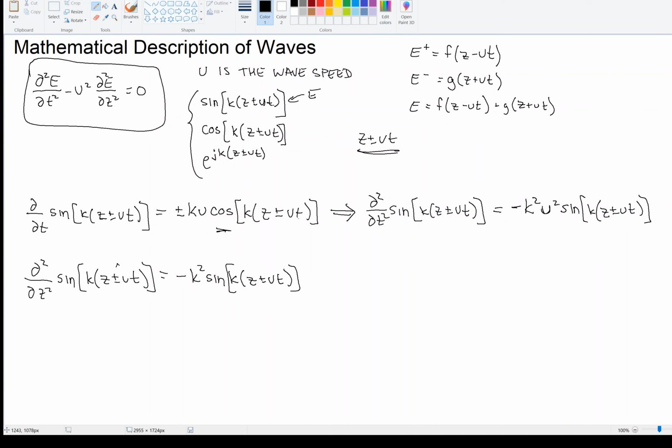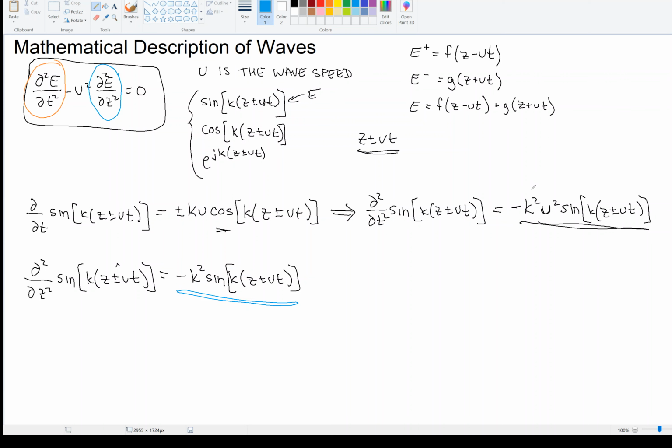So the question now is, remember, does the sine satisfy this equation, the wave equation? So we plug in now and see if it does. This was the second derivative with respect to time, so I would plug that in up here. And then this here was the second derivative with respect to space, so I would plug that in here, and then I would multiply it by minus u squared, which would make plus u squared k squared.